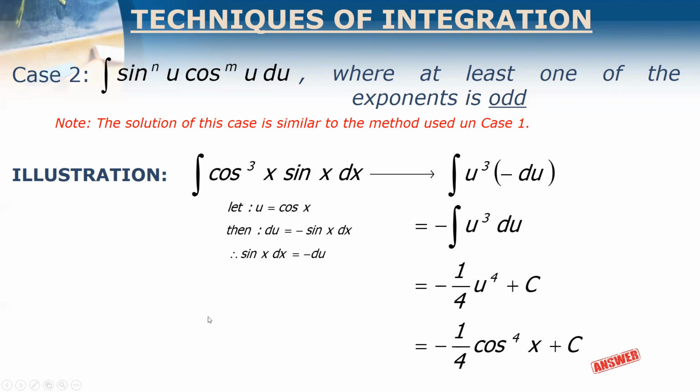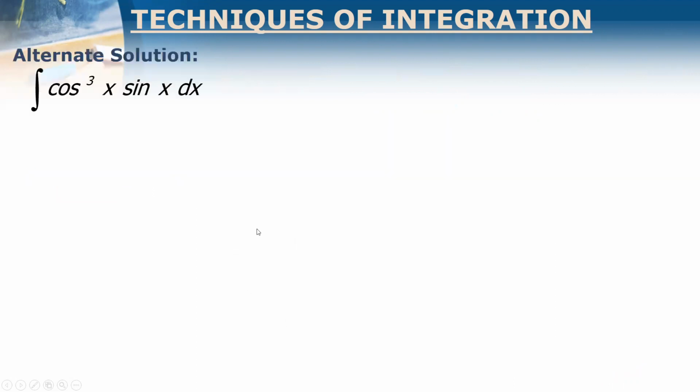Okay. Now, the second one is cosine x will be extracted to be part of du. So this is what will happen. Cosine x dx, and cosine squared and then sine x. So that our du will have cosine x dx, our u must be sine x.